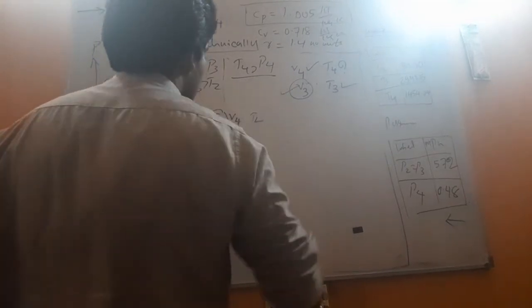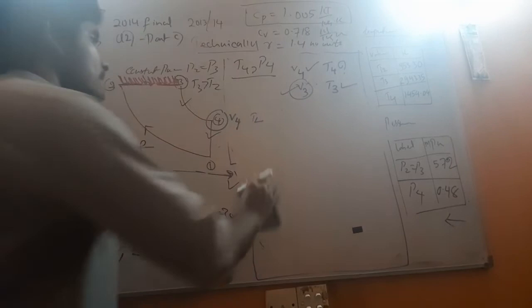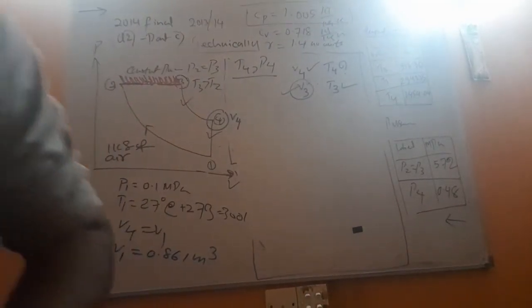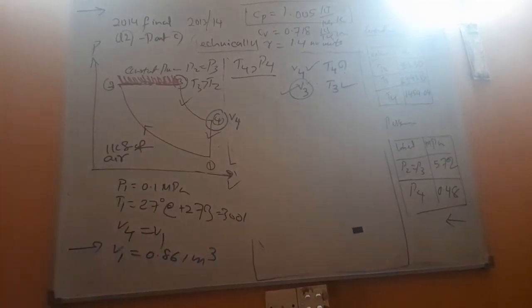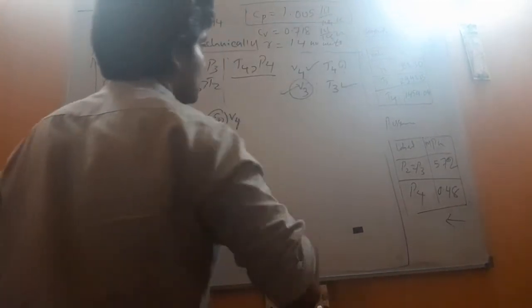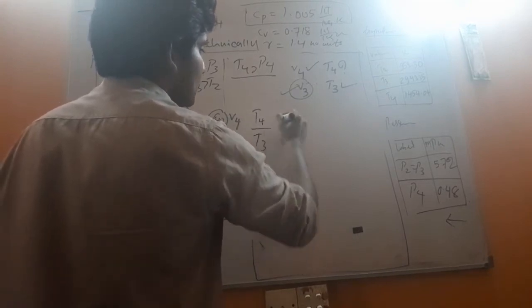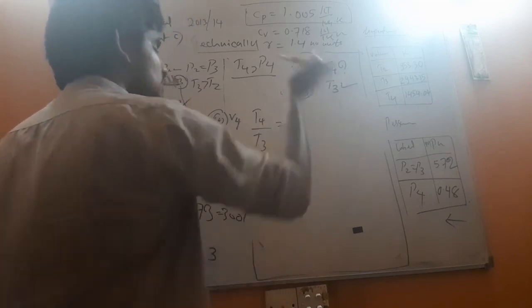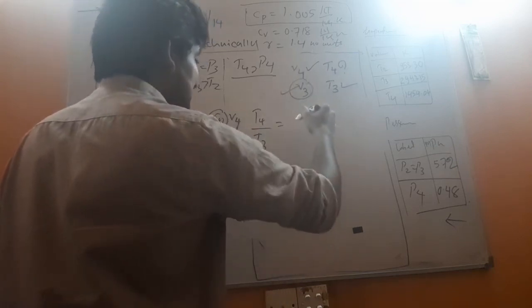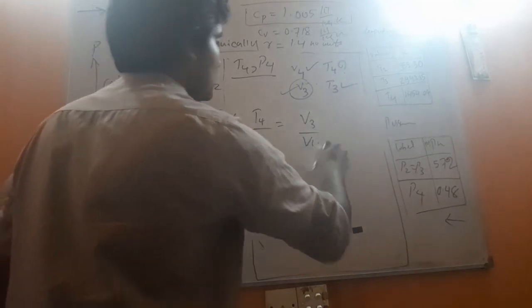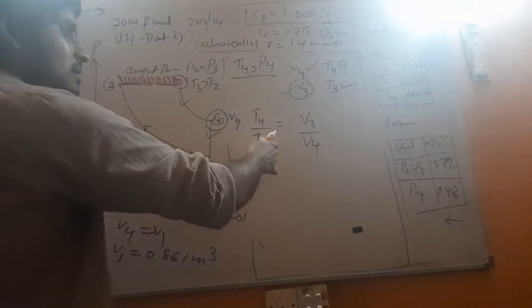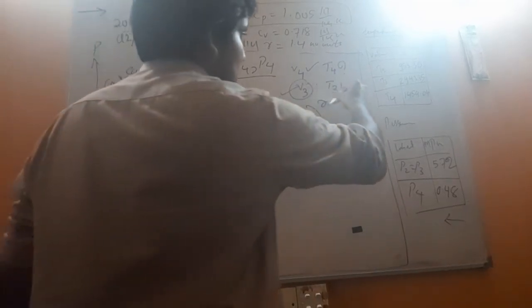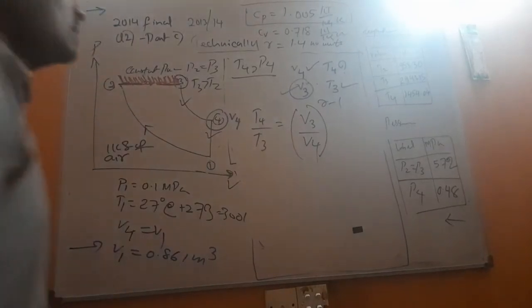T4 divided by T3 equals, if you consider volume, the reciprocal, the interchanged order, V3 divided by V4, to the power gamma minus 1. Okay, no problem.